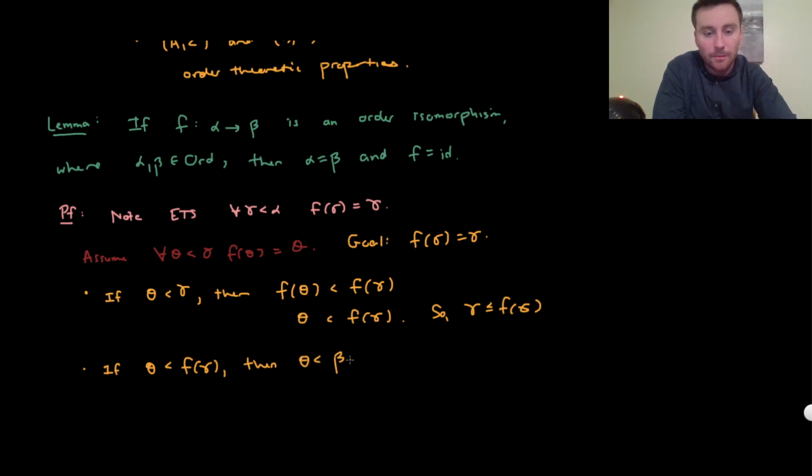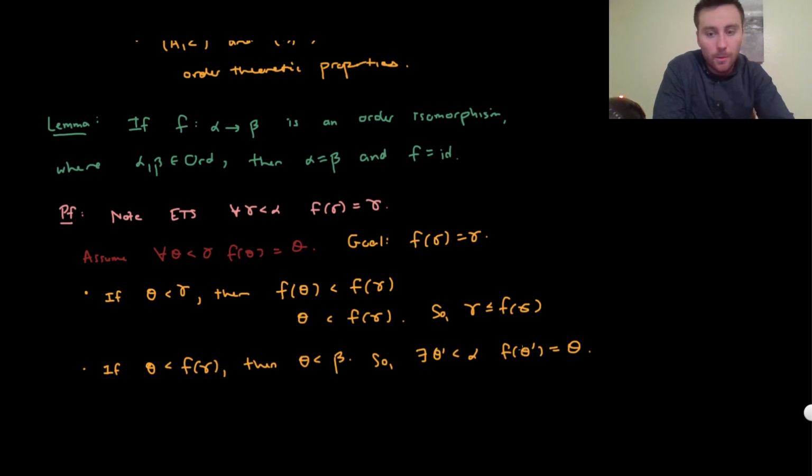So if theta is less than f of gamma, then theta is less than beta. Great. Well, this implies that there's some theta prime less than alpha such that f of theta prime is equal to theta. F is onto, and we have something in the codomain of our onto function, so there must be something in the domain that maps to it. Let's combine these two things together.